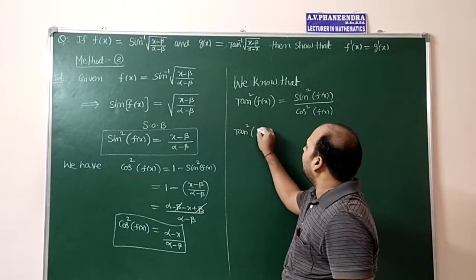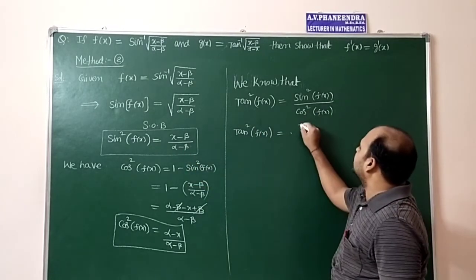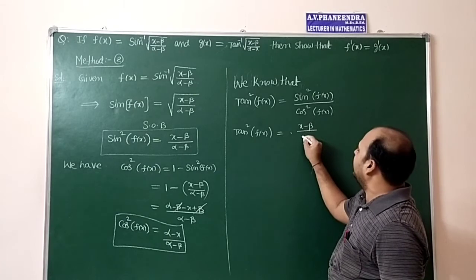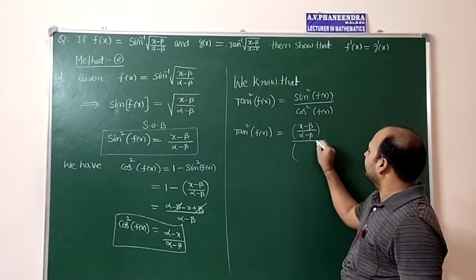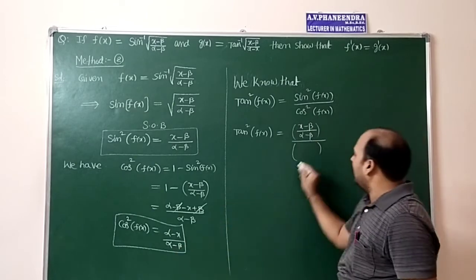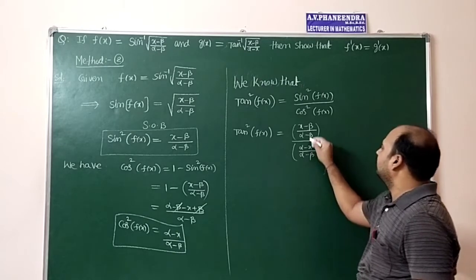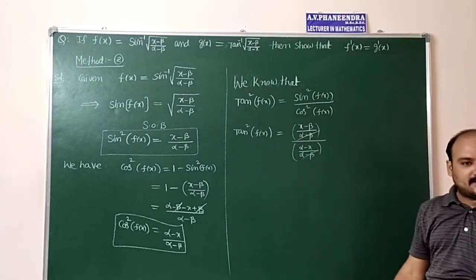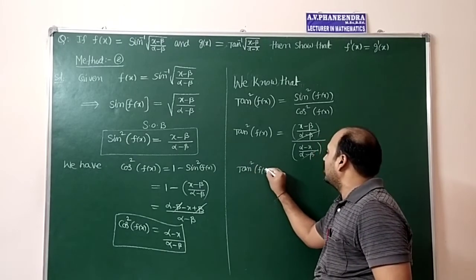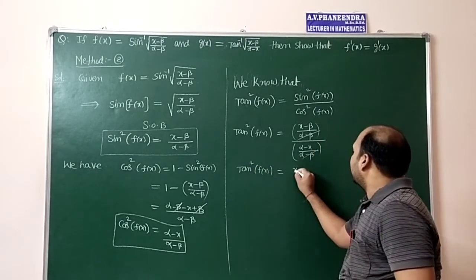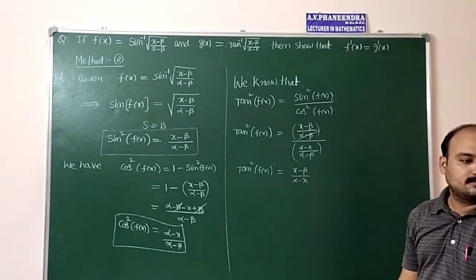Tan square of f of x equal to x minus beta divided by alpha minus beta, whole divided by alpha minus x divided by alpha minus beta. Alpha minus beta will be cancelled. Tan square of f of x is equal to x minus beta divided by alpha minus x.